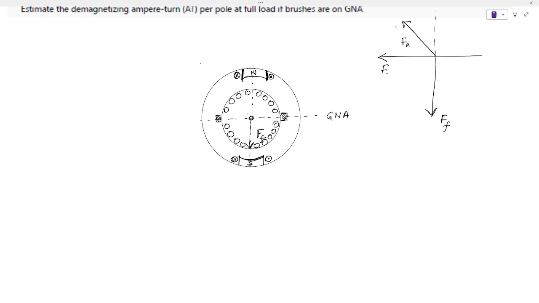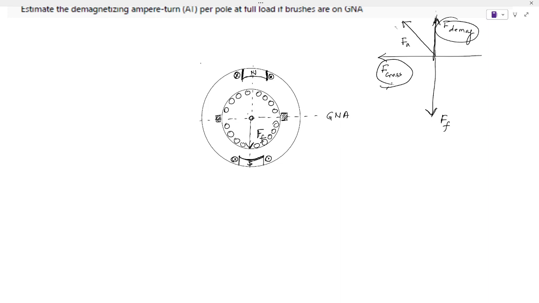Let me call them F cross and F demagnetizing. Why demagnetizing? See, the direction of flux is opposite to the field flux. So this will cause a reduction in the field flux, and this perpendicular component will be called cross magnetization. This is directly demagnetizing, this is cross magnetizing.